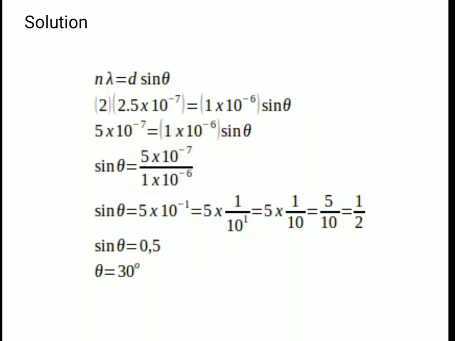Now cross multiply the value, then sin theta is equal to 5 into 10 power minus 7 divided by 1 into 10 power minus 6. Therefore, sin theta is equal to 5 into 10 power minus 1.